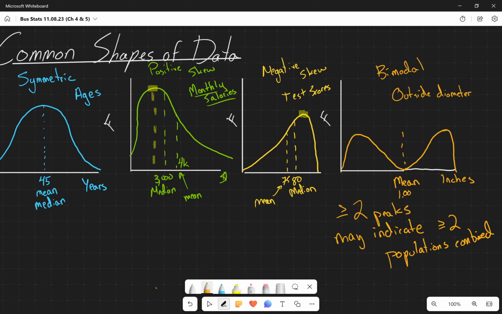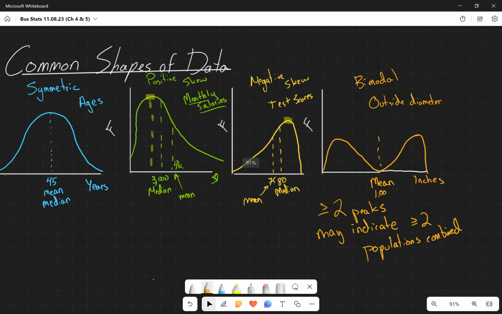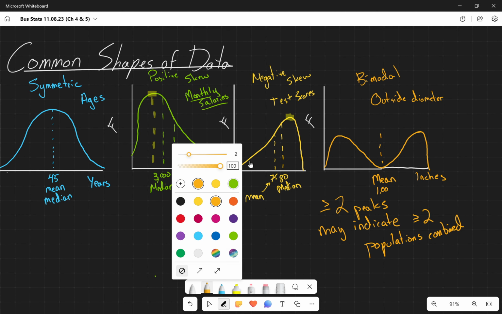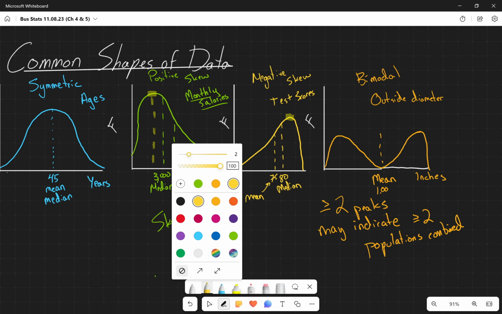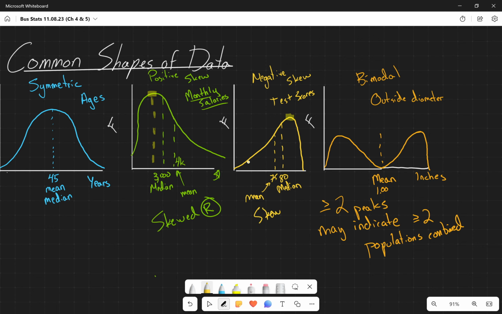And we're looking at the outside diameter. So that's our shape. So again, this positively skewed, we can think of as skewed to the right. And the negatively skewed, we can think of as skewed to the left.